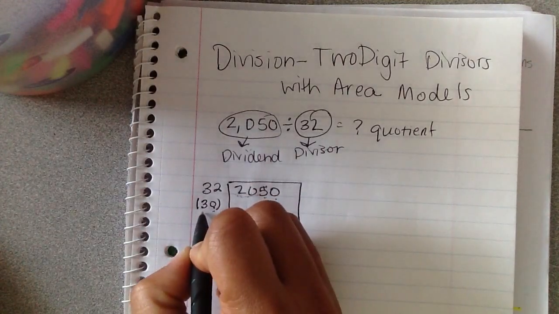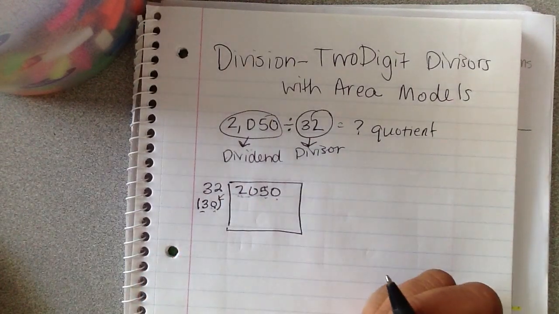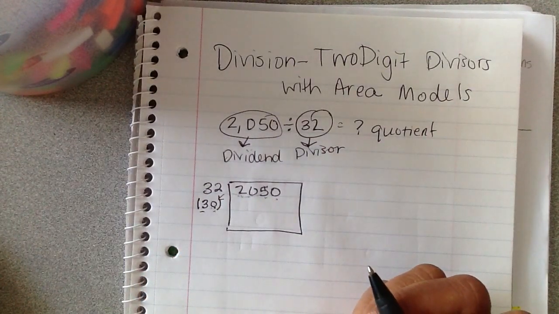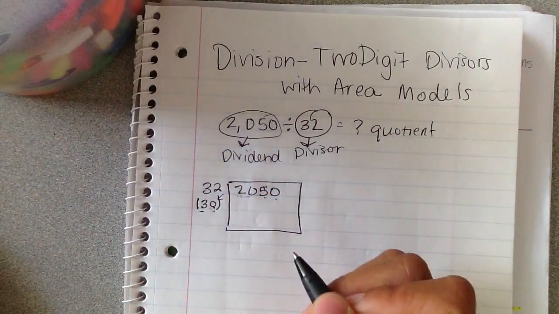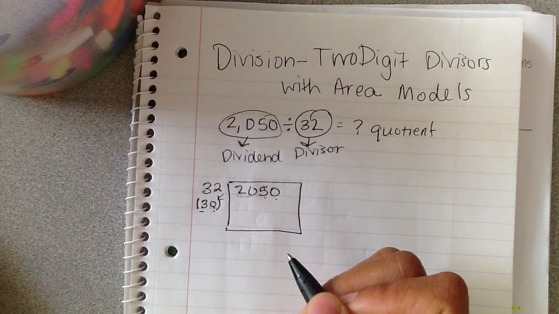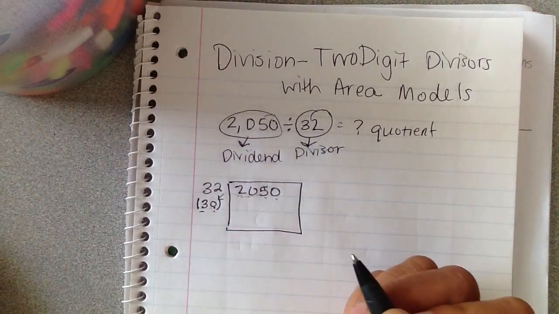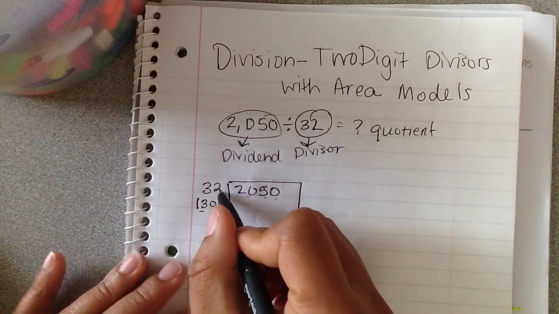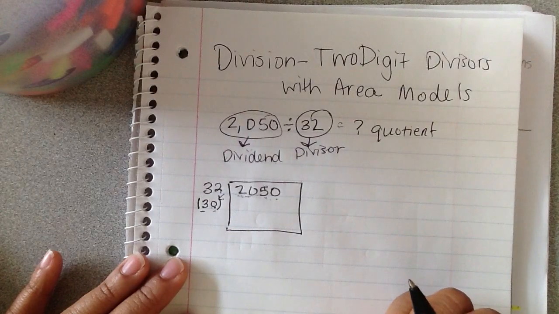When I'm counting by 3s, I know there's a 0 that has to go on the end because this is 30. So 30 times 6 is 180. That's pretty close to 205, so 32 times 6 is probably going to get me close to 205.